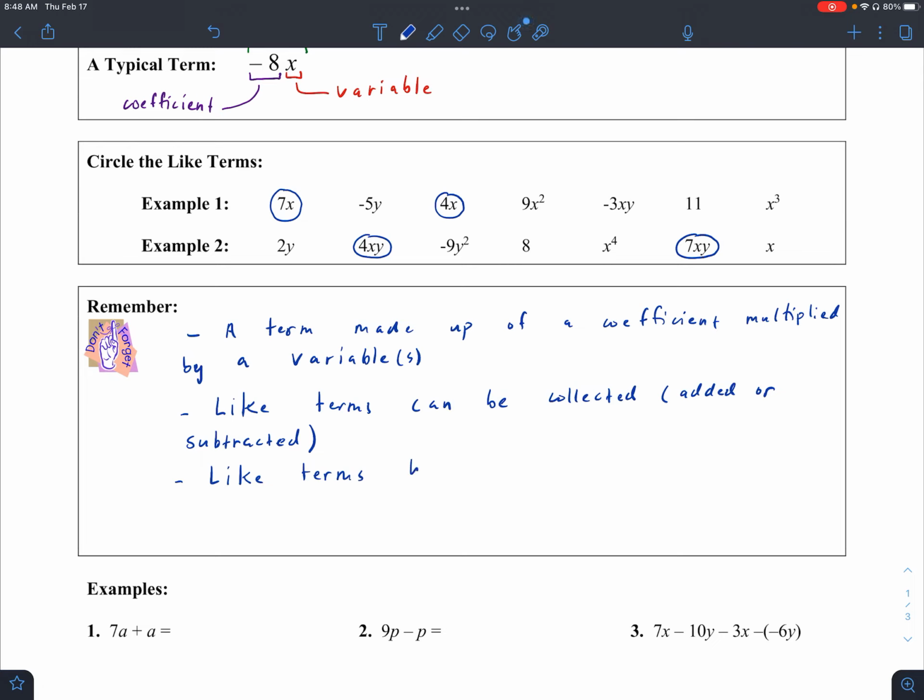So like terms have the same variables and exponents on the variables.